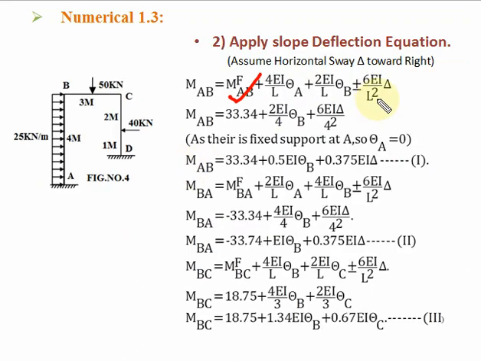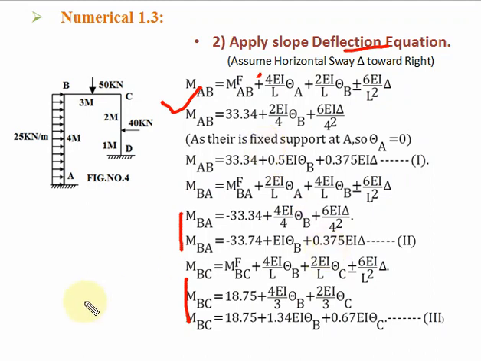Then we saw the end moment calculation for each span AB, span BA, span BC. By using the slope deflection equation, we have to find out the end moment equations.